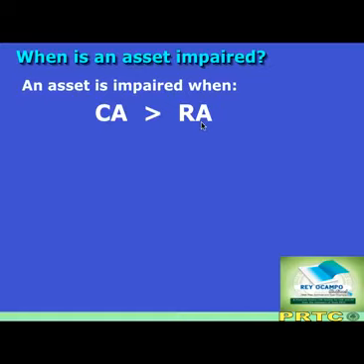Now, what is recoverable amount? In general, how to recover the CA of an asset? There are two ways to recover the carrying amount: either sell the asset or use the asset. Either by selling or using the asset, the entity can recover the carrying amount.